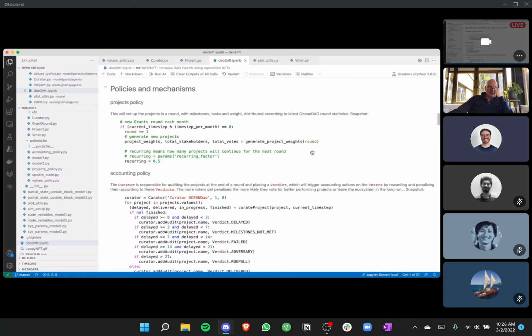Then the values policy, basically what we say is if you see that projects are delivering to their promise, they earn NFTs, or team members earn NFTs. And if that NFT earn ratio is higher than average, so you accumulate all the NFTs of all projects and you get some sort of an average, and you see how many projects are above this average and how many are under that.